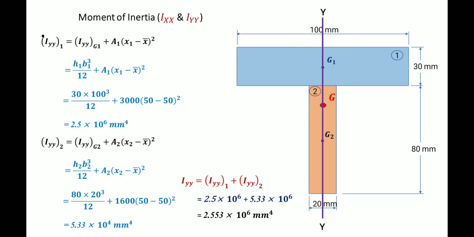Then Iyy is equal to Iyy1 plus Iyy2. Add both values and we will get the answer. So this is the moment of inertia about the vertical central axis Iyy. So we got Ixx and Iyy. That's all about this problem.